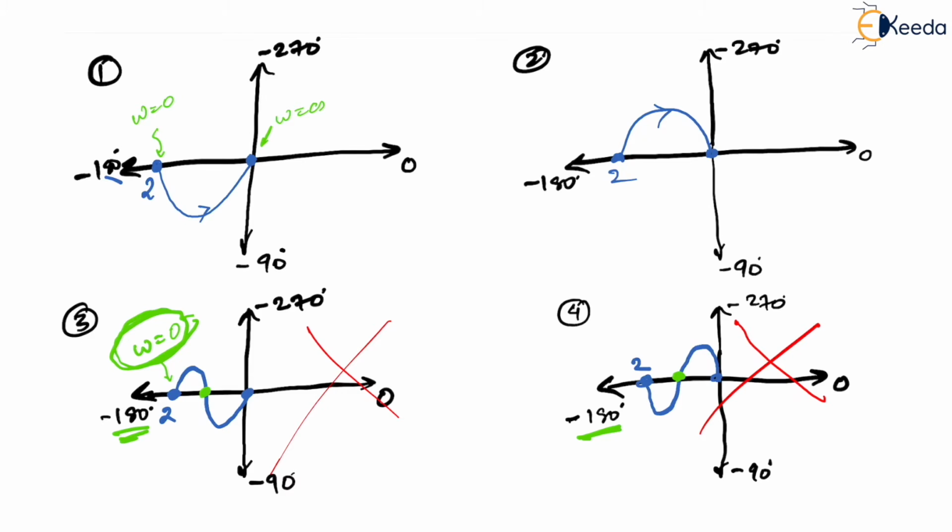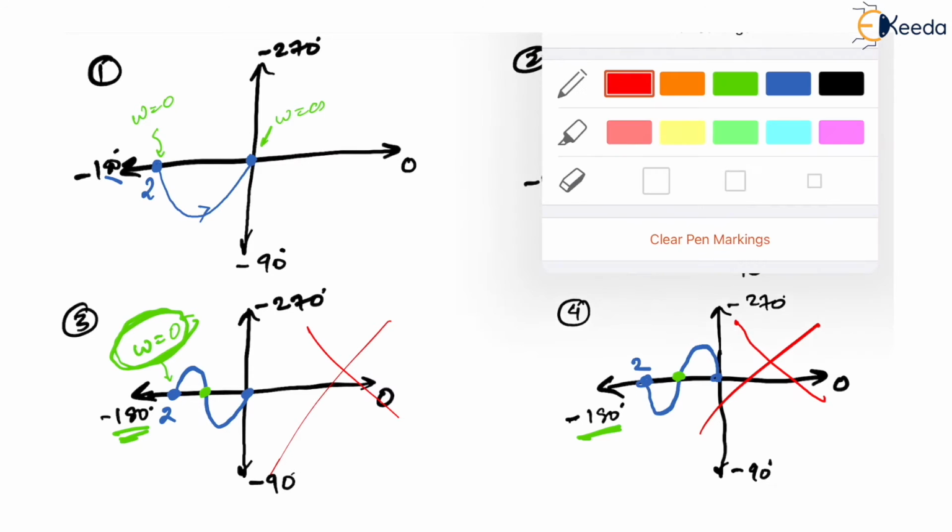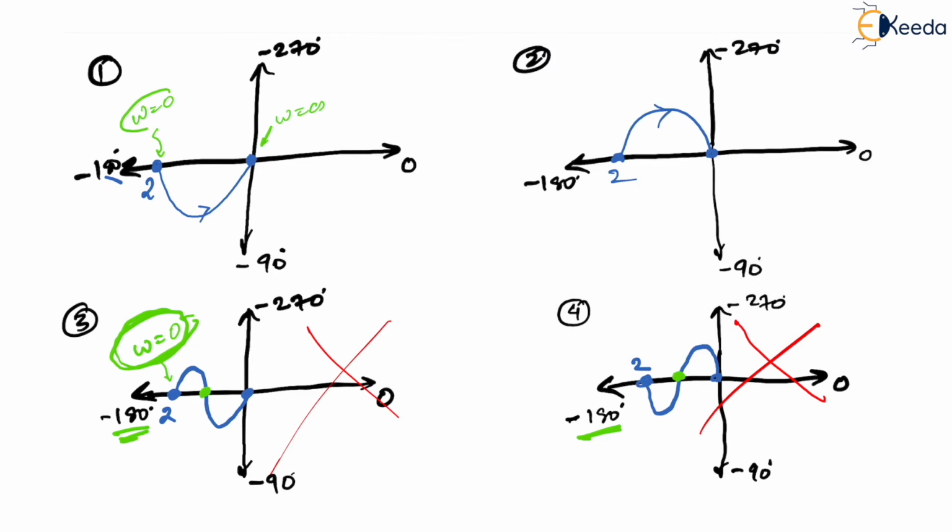Now let us think of first and second. What happens there? We know that this is omega equal to 0 and this is omega equal to infinity, and similarly for the other.